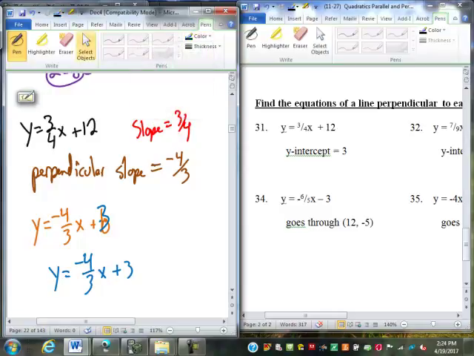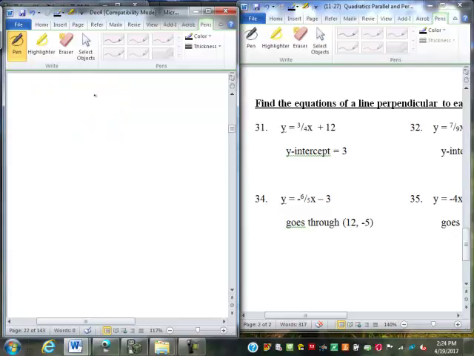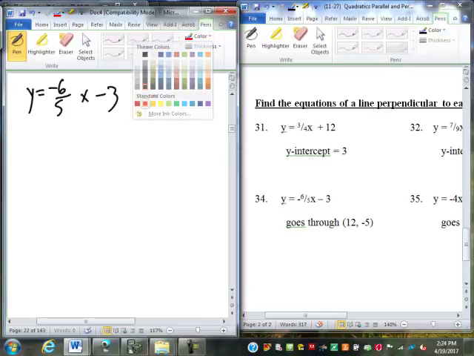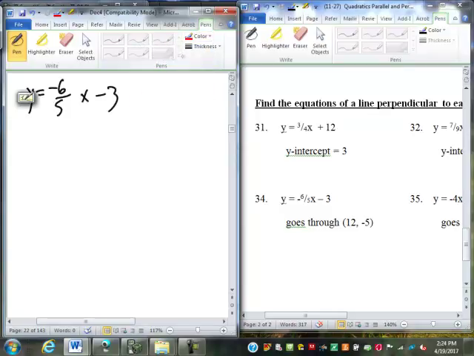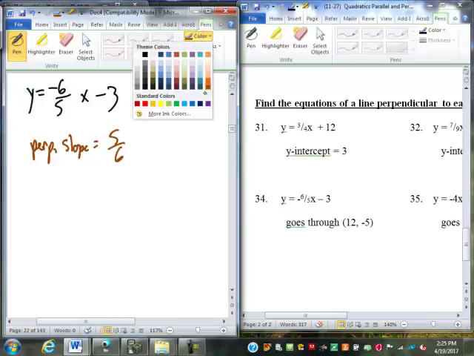Well, let's look at 34. It's a little more interesting. Y equals negative 6/5 x minus 3. Again, the only piece of information we want out of there is perfect. The slope is negative 6/5. Perfect. The perpendicular slope would be positive 5/6.